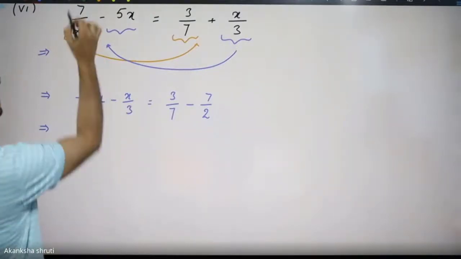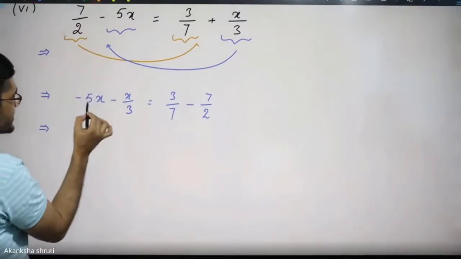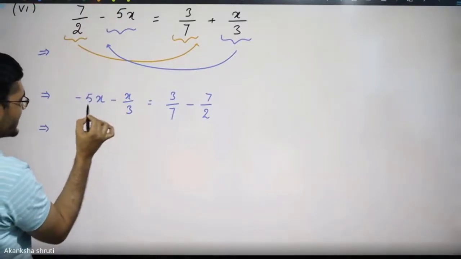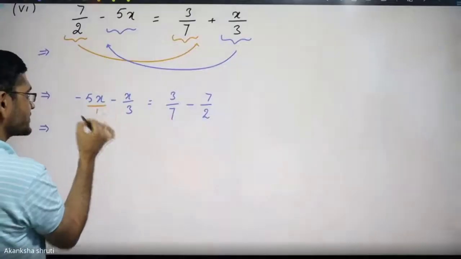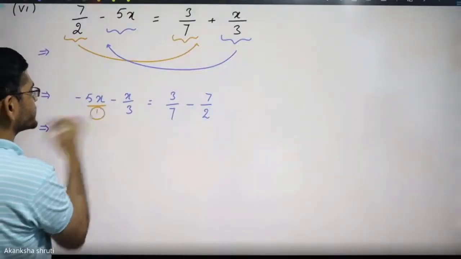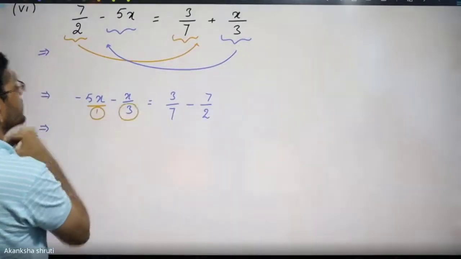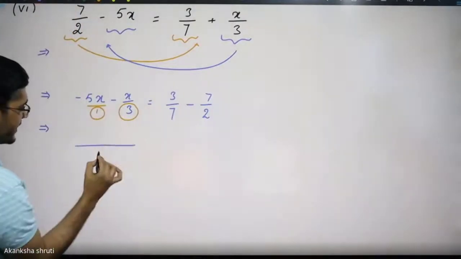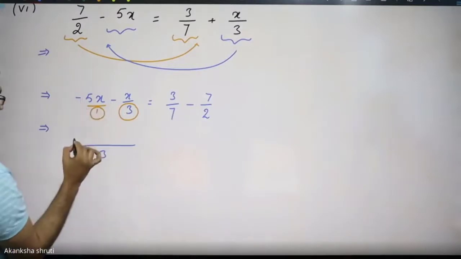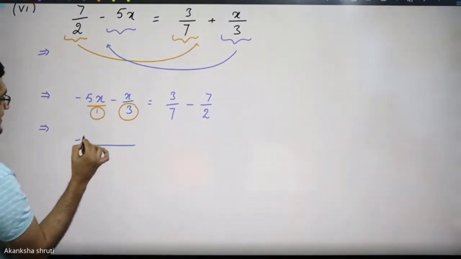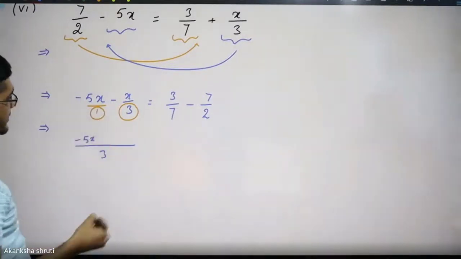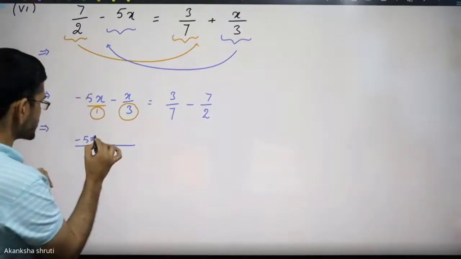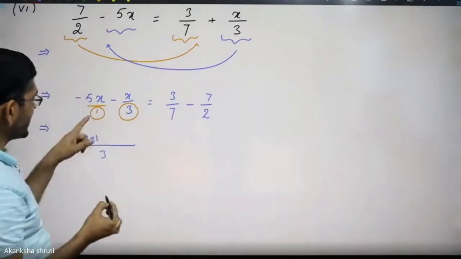How to simplify? A student, what is in the denominator of 5x? It is 1 only. And we have learned that with two fractions we need to take the LCM of these two. Therefore, take the LCM of 1 and 3. It is our 3. Whatever minus 5x is there, this 5x is now to be multiplied how many times?